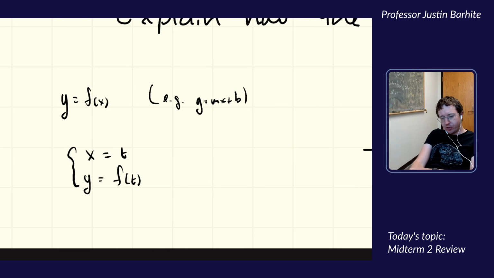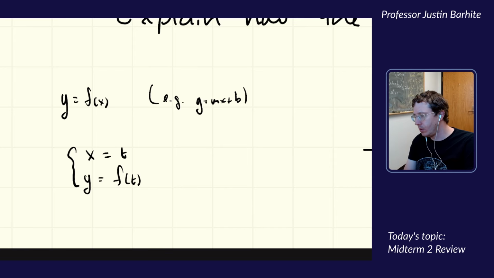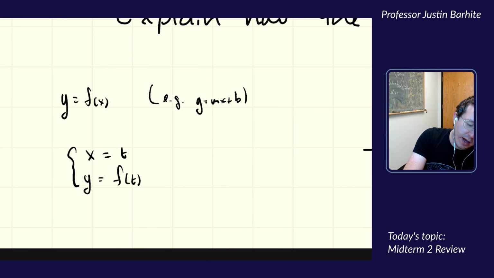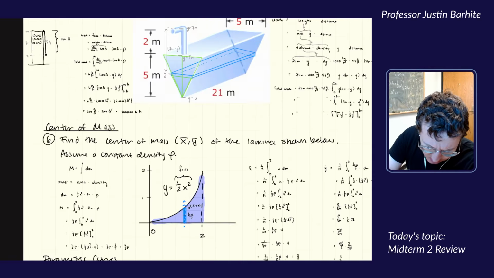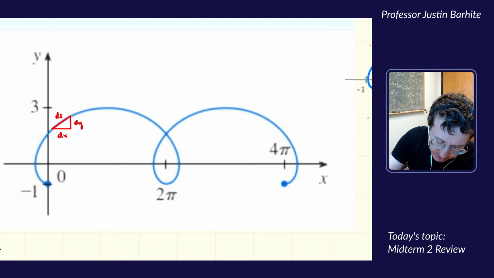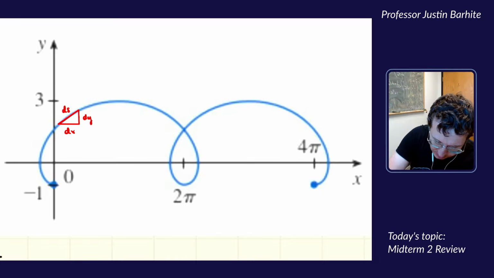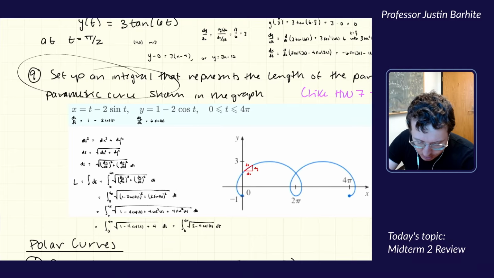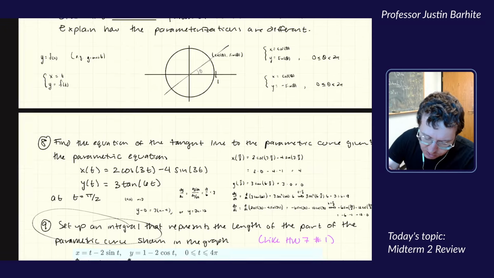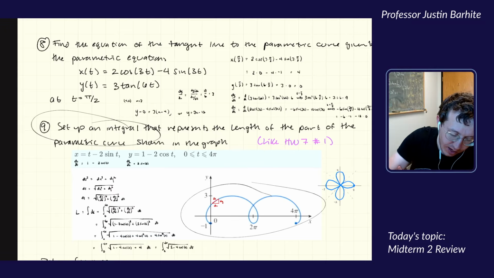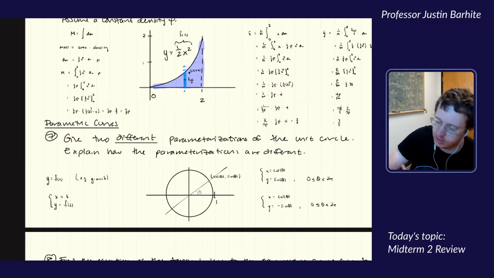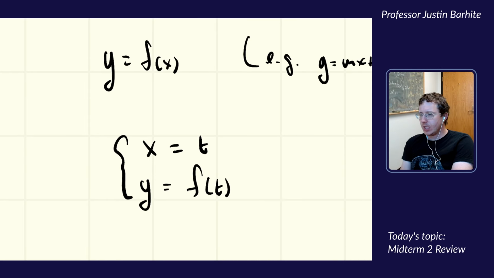That is a way to parameterize any function at all, where it's y equals some function of x. That was not the case with things here. Y is not a function of x. You can see this fails the vertical line test pretty badly. So you couldn't parameterize this curve that way. But if you have y as a function of x, this works. Does that answer your question?